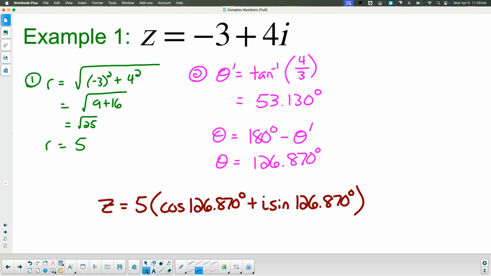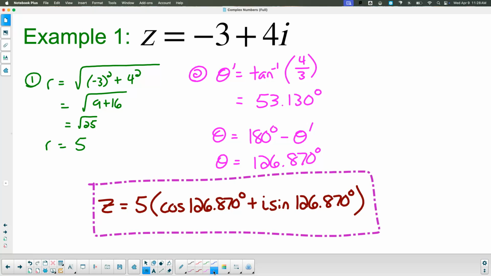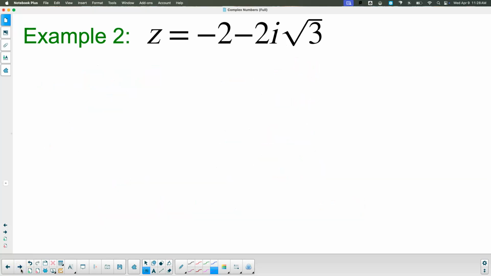Tomorrow, you'll just get to say 5 cis 126.870. Good? Try that one.